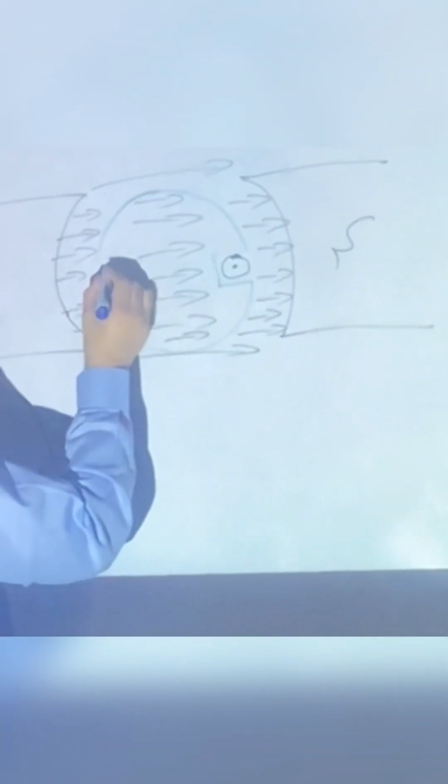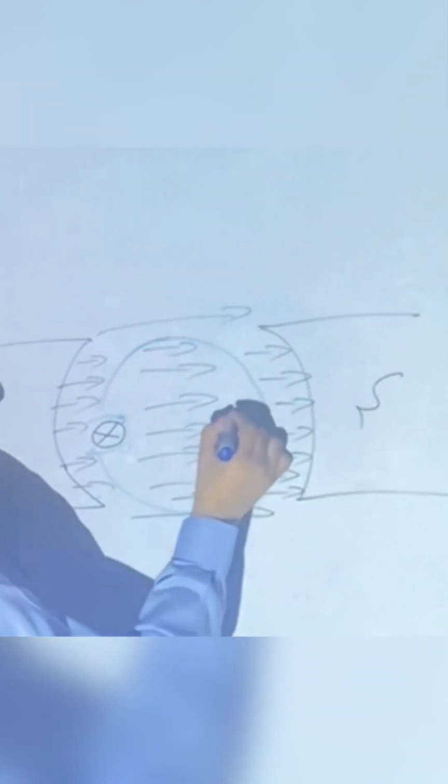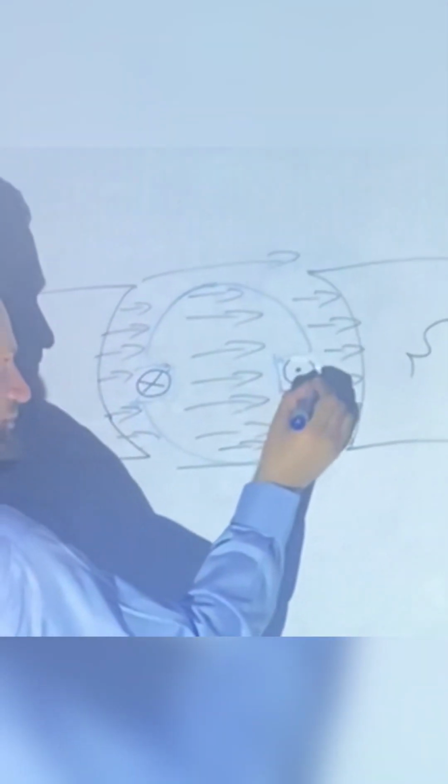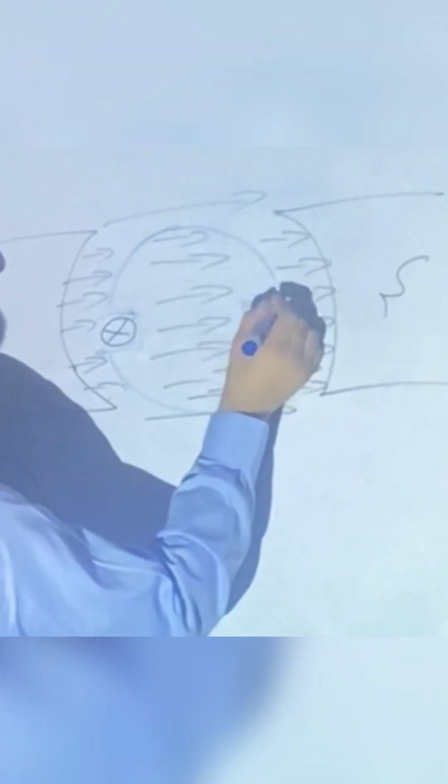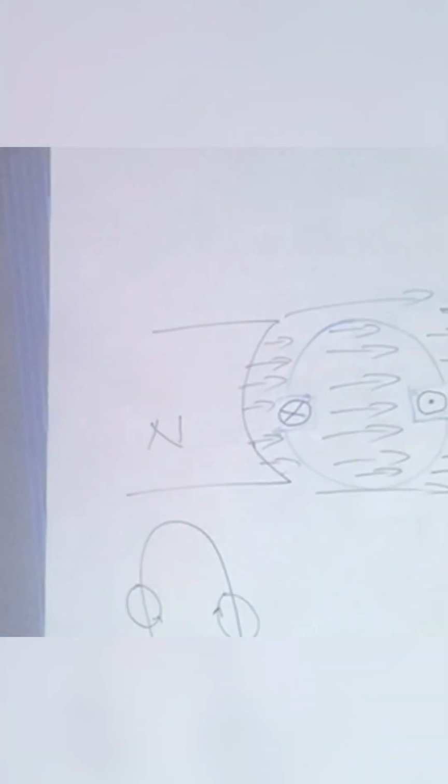And what will be happening over here is the flux around this conductor in this direction. And how about this one? In this direction. Am I right? Yes, sir. So what will be happening?